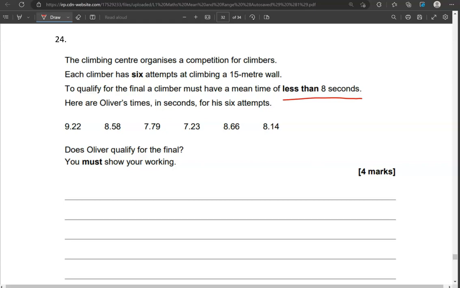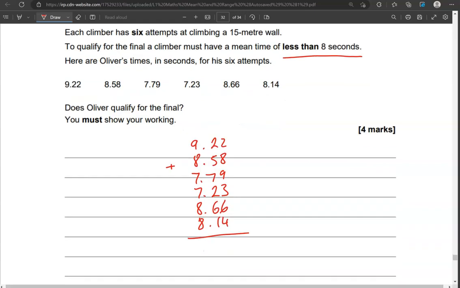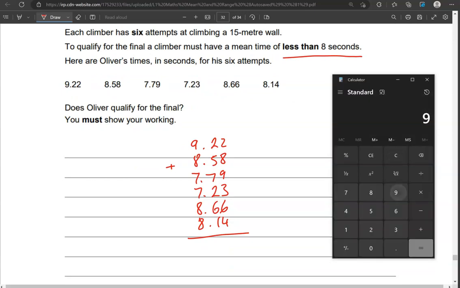So we'll work out the mean by adding 9.22 plus 8.58 plus 7.79 plus 7.23 plus 8.66 plus 8.14 gives us 49.62.